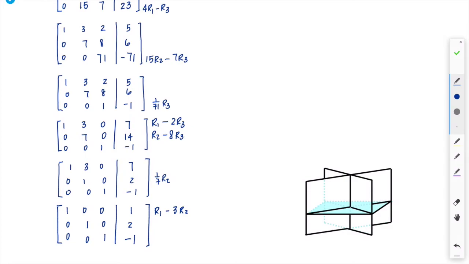So we have successfully used Gauss-Jordan to solve the system of equations, which leads to x equals 1, y equals 2, and z equals -1, resulting in a point of intersection of the 3 planes at 1, 2, -1. And here is the diagram showing schematically how the 3 planes can intersect at this point. Just like that.